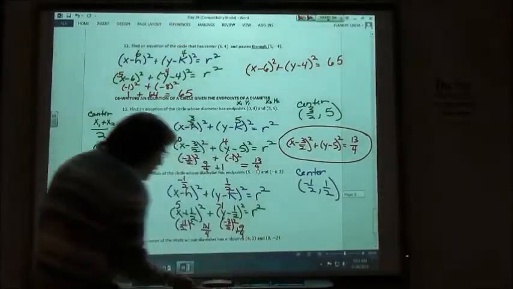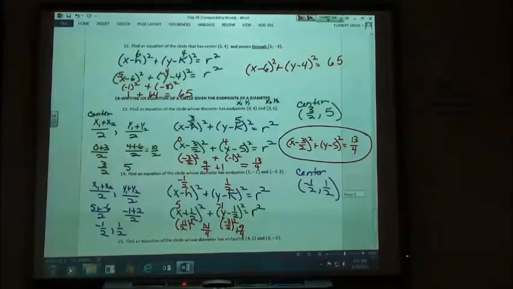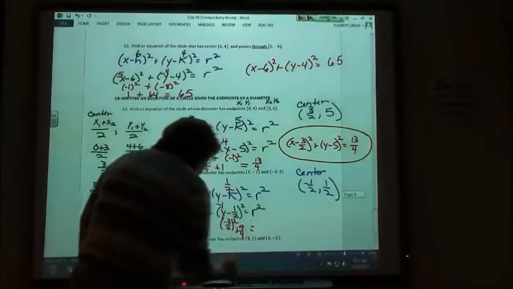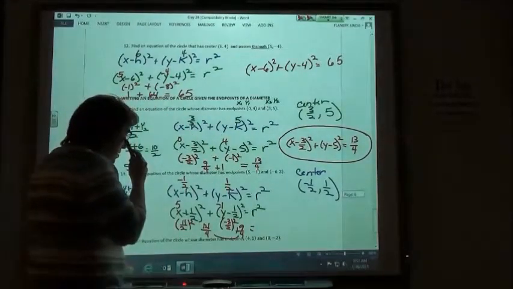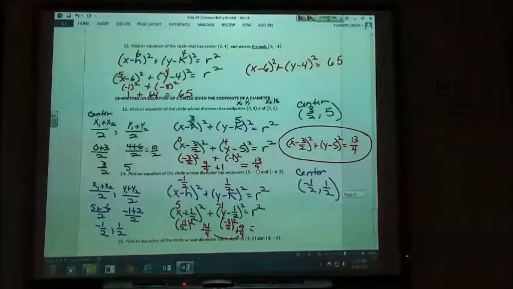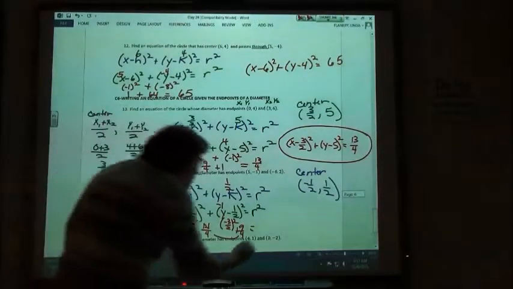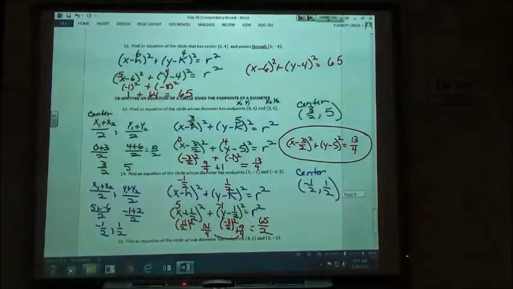So now we have to do our 121 over 4 plus our 9 over 4. That is 65 over 2. So 65 over 2 becomes our r squared number.